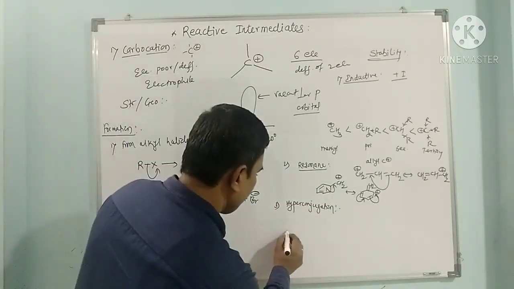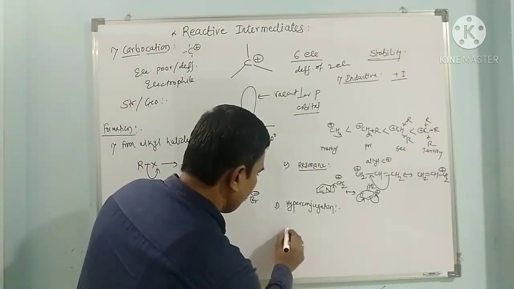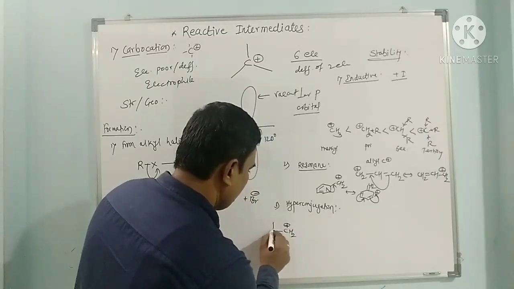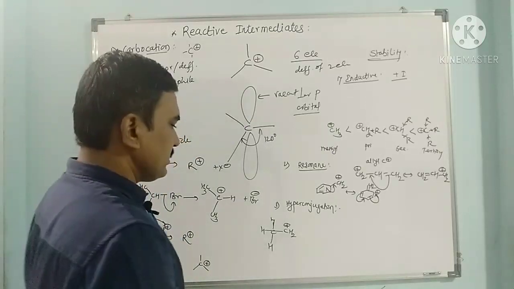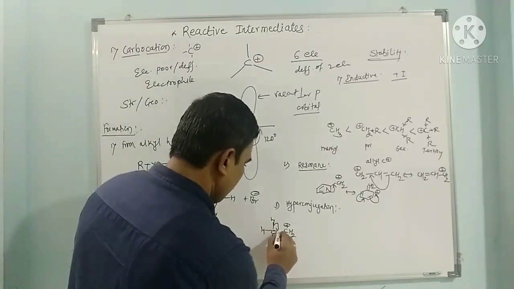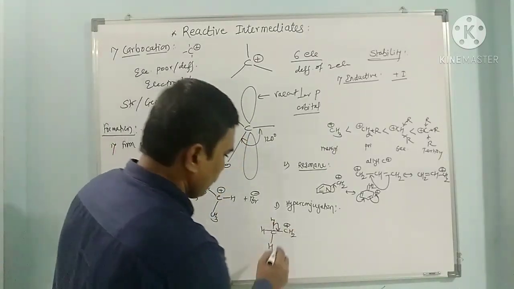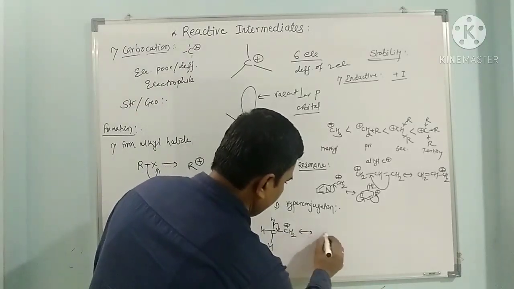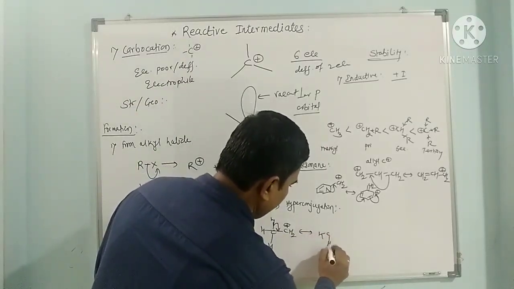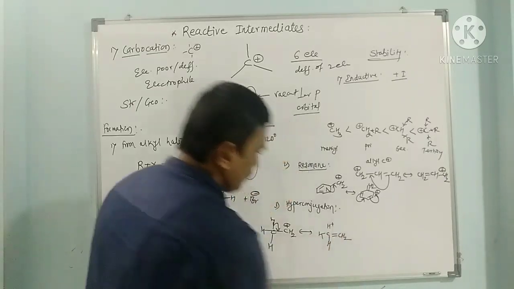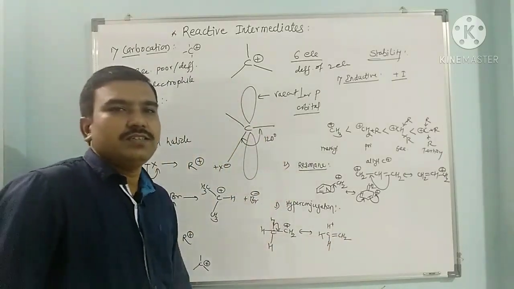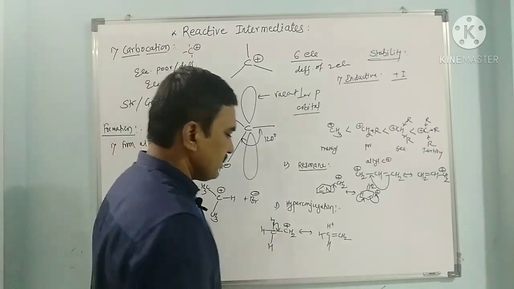So when we have CH2+ attached to H, H, H, this is the delocalization of the sigma C-H bond. Here this bond shifts to stabilize this C+. So we get CH2 with H+ and a double bond. The positive charge vanishes and a double bond is formed here.